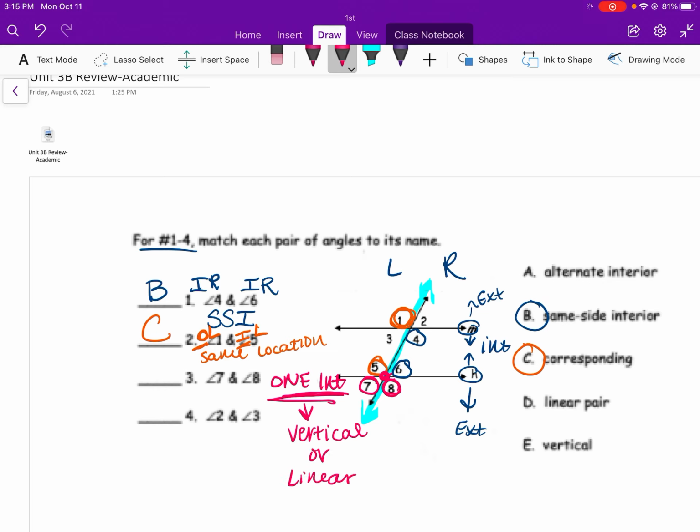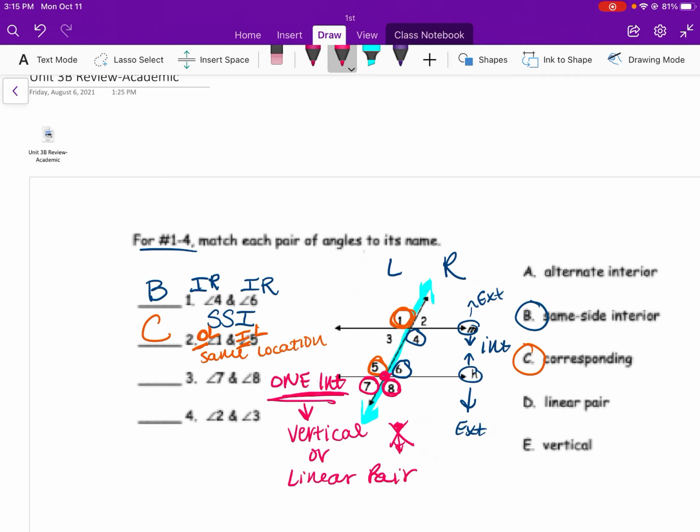And now vertical, I know, are going to be angles that are across from each other. So if I'm looking at this X, if I have an angle here, the other one has to be across it. Now when I'm looking at linear, that's going to be a linear pair, I should say.